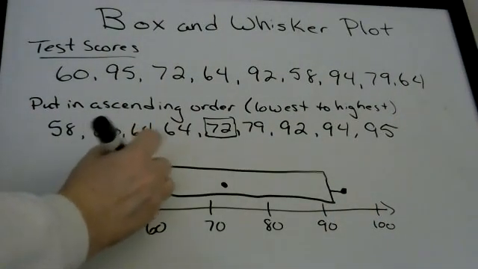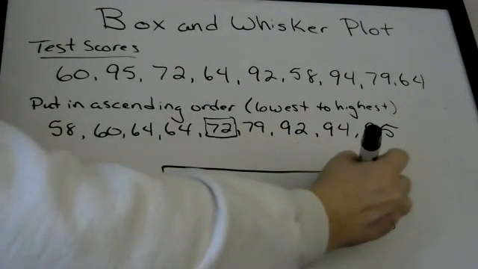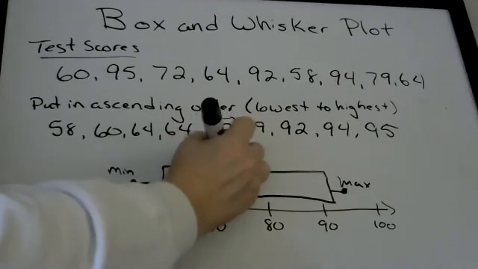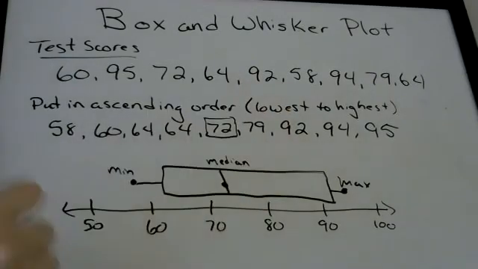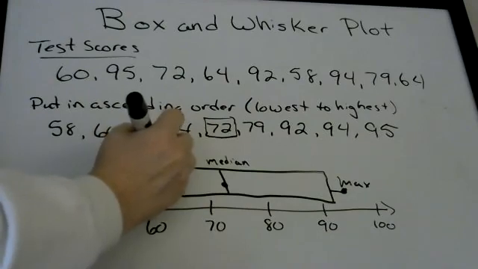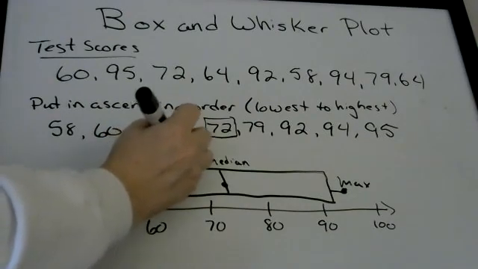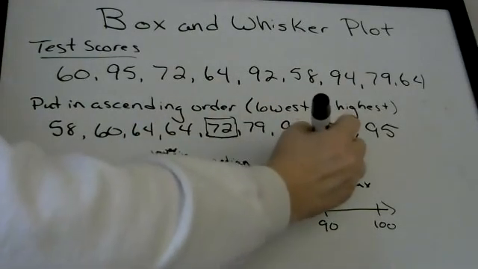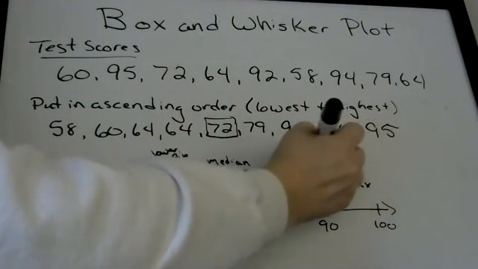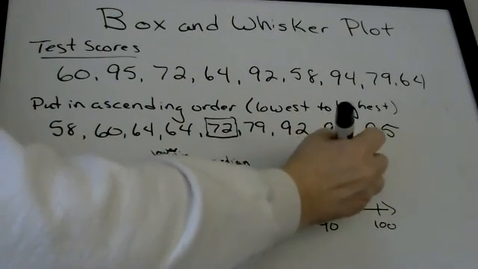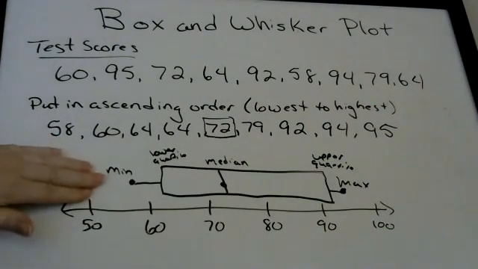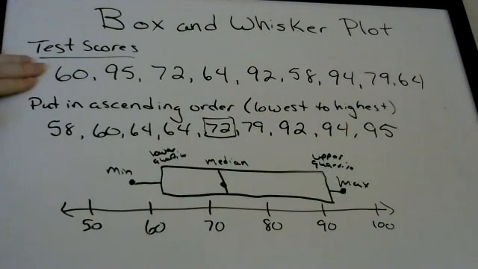So this is the minimum, this is the maximum, and then we draw a line for the median. And then we know this is our lower quartile, and this is our upper quartile. So this is the box and whisker plot for this data set.